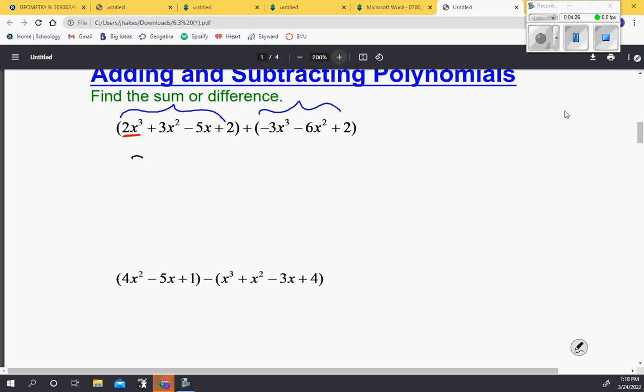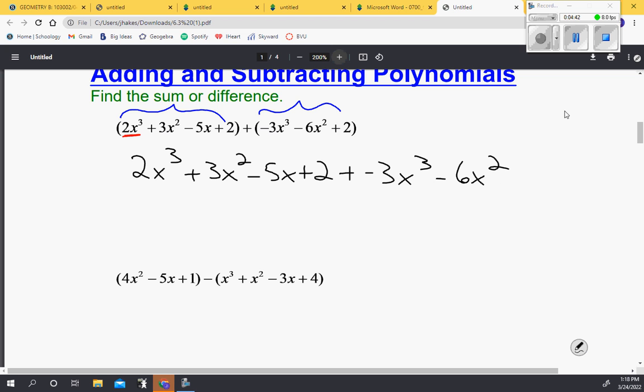So I'm just going to rewrite this without parentheses. 2x cubed plus 3x squared minus 5x plus 2 plus negative 3x cubed minus 6x squared plus 2.